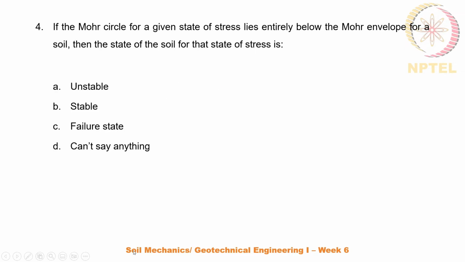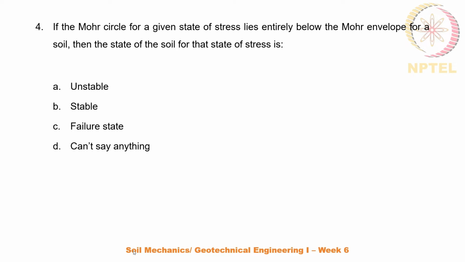Alright. So moving on to our fourth question. If the Mohr circle for a given state of stress lies entirely below the Mohr envelope for a soil, then the state of the soil for that state of stress is. So we have a Mohr circle for a particular state of stress, and we have a Mohr envelope for that particular soil.